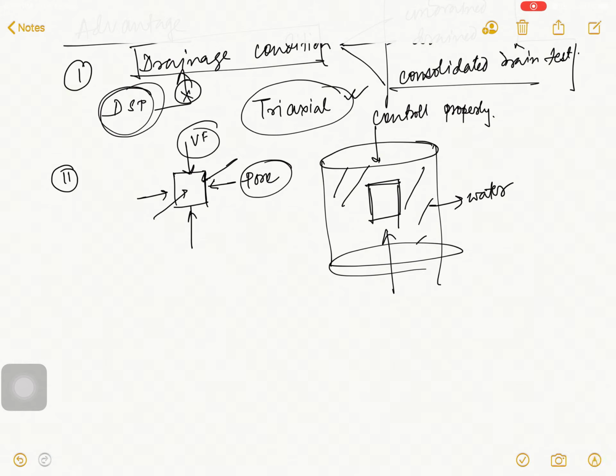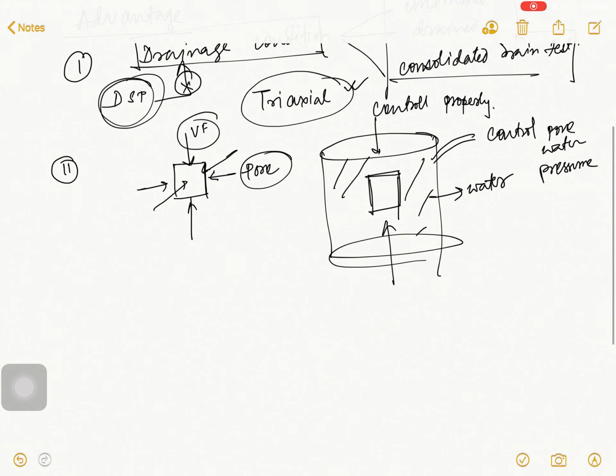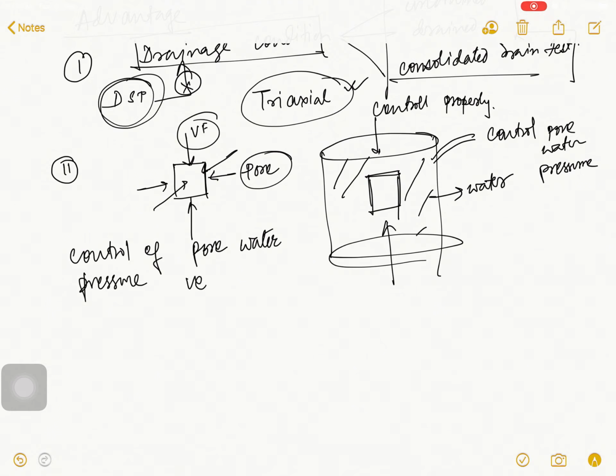As the jar is filled with water, there is a connection from where you properly control pore water pressure, and it is observed that the control of pore water pressure is very accurate, because there is a hydraulic arrangement where you can control this pore water pressure when you go to the lab and conduct this test.